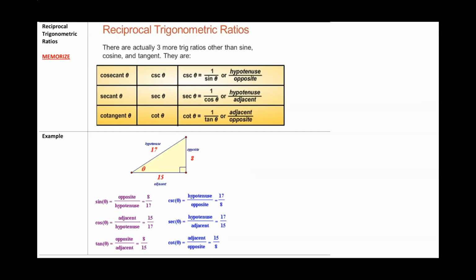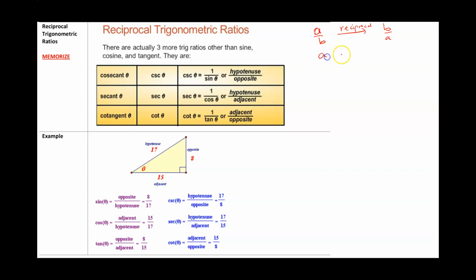Now we also have reciprocal trigonometric ratios. We have our sine, cosine, tangent. The reciprocal of sine is going to be cosecant. Remember reciprocal: if we have a ratio A over B, then the reciprocal is B over A. You just flip it.